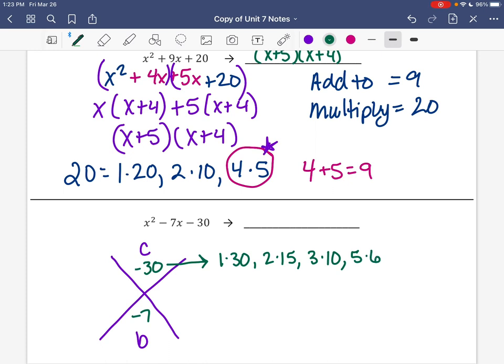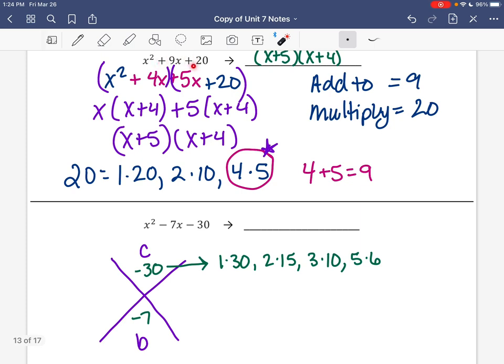All right, so then you have to decide which pair can give you a -7. So you have to think about adding and subtracting. So for this one, we just added. Well, these were both plus signs, so that should make sense. But these are minus signs, so we're going to have to do some subtracting.